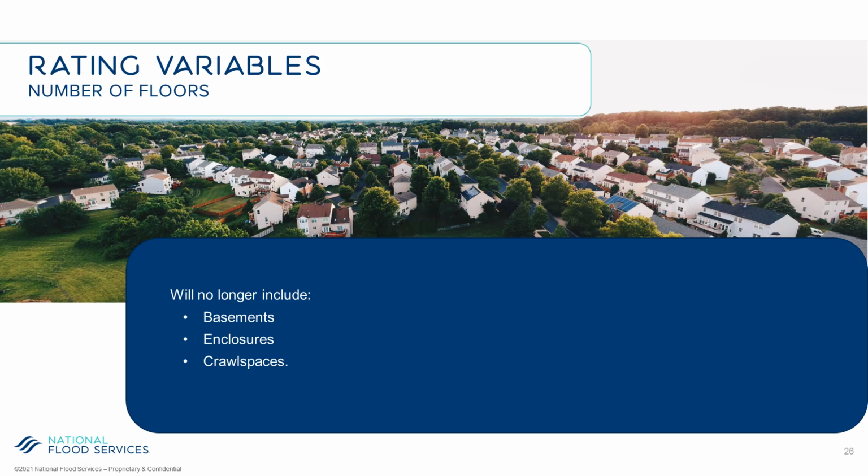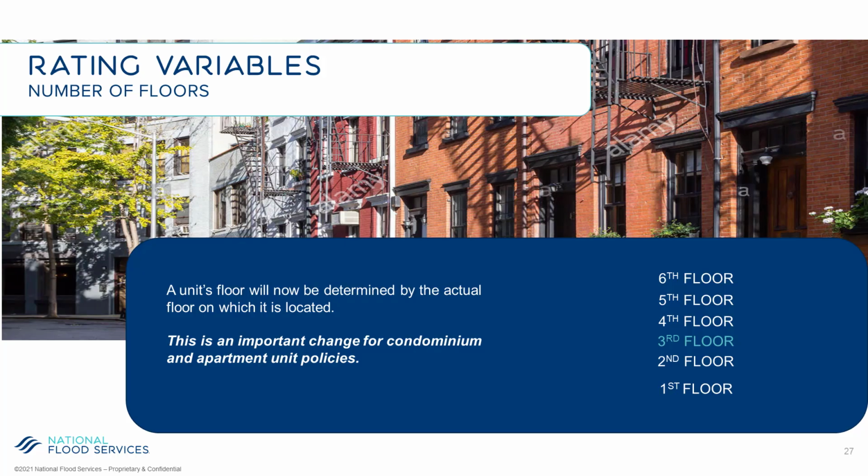Another example, if you have a building with a basement and 1 floor above ground, it's now rated as having 1 floor. Likewise, an elevated building with an enclosure and 1 additional floor above that is rated as having 1 floor. This is a question that is going to be asked on every single policy under Risk Rating 2.0. This is a big change.